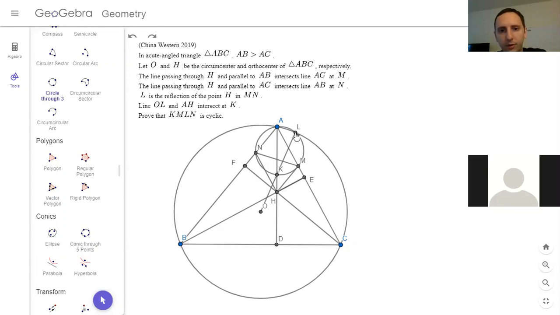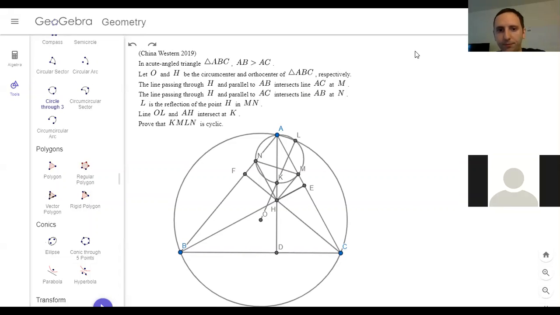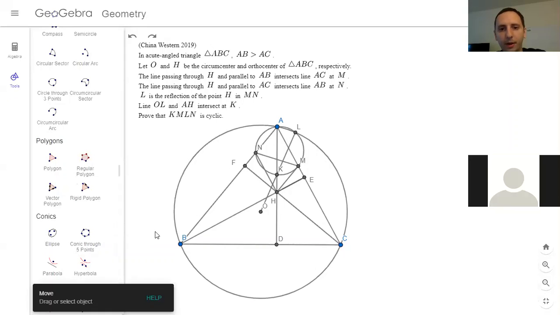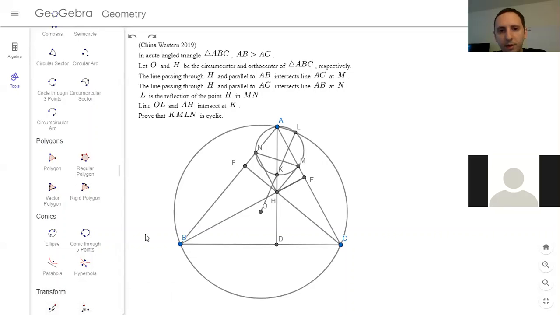Maybe you just do an angle chase on angle LAE and show it's equal to another angle. I think that might just be an easy angle chase. Isn't it obvious if L is the McKell point? I guess L is the McKell point of A and M and ABC.